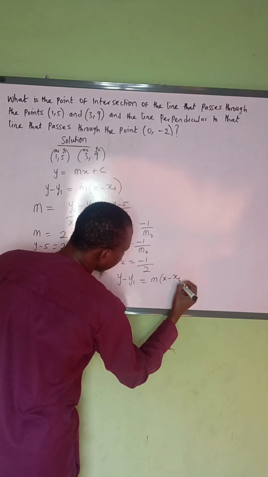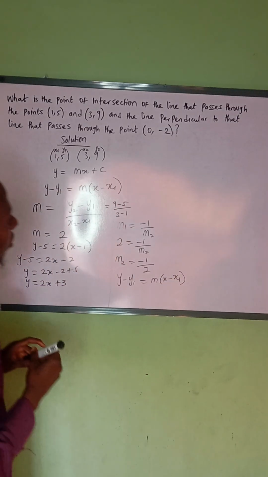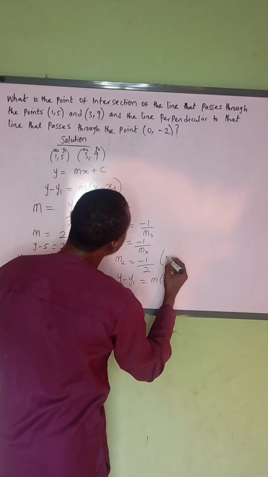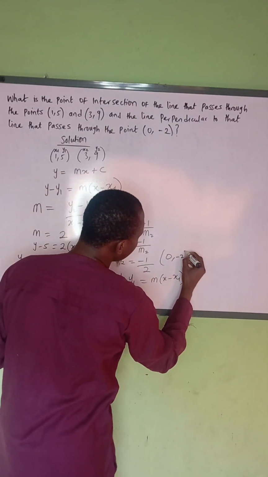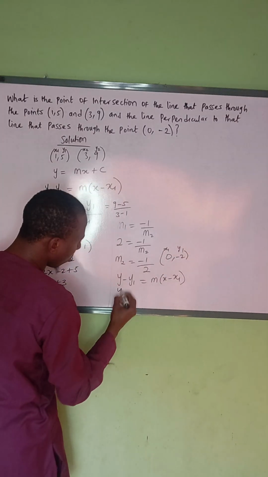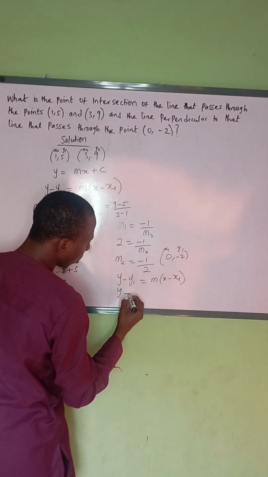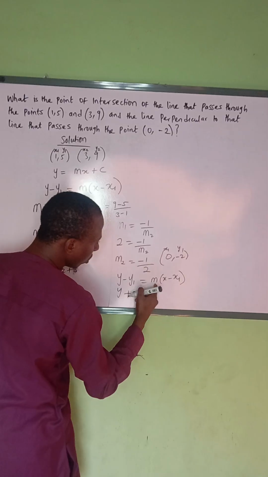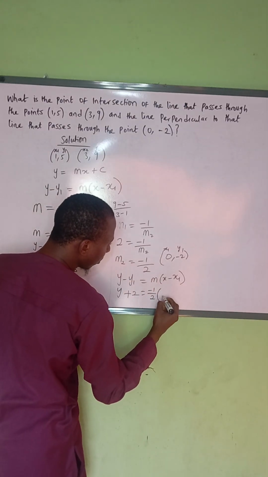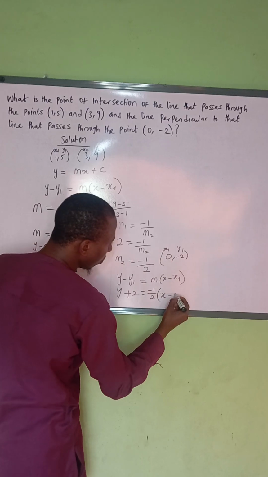Now let's come back to the equation, which is y - y1 = m(x - x1). At this point, we have the second point for the perpendicular line as (0, -2). So this one will be x1, this one will be y1. So now y minus y1, that's y minus -2, that's y + 2, equal to the second gradient, which is -1 over 2, into x minus x1, which is 0.